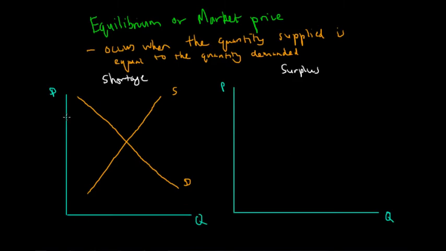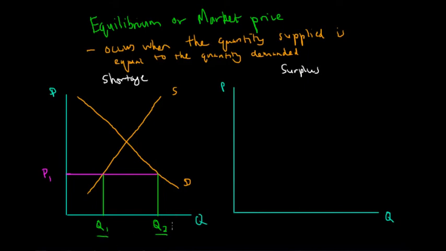At the point where there is a shortage, the price of a certain good or service is at P1, and if you draw this horizontal line across, you can see that the quantity supplied is only Q1, and the quantity demanded at that price P1 is Q2. There is a shortage in supply here. This is the quantity demanded, and this is the quantity supplied.